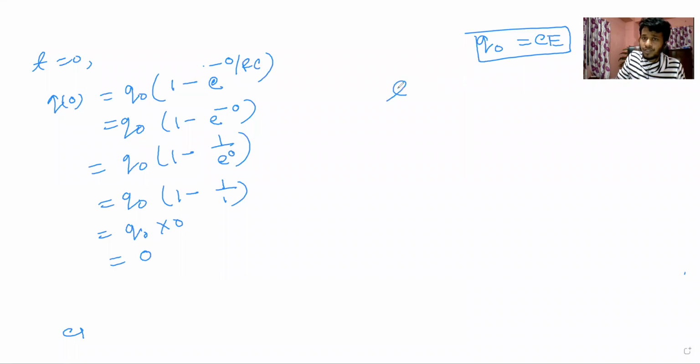Under steady state condition, we know that t equals what? Infinity, right? So at that time, what would be Q(t)?